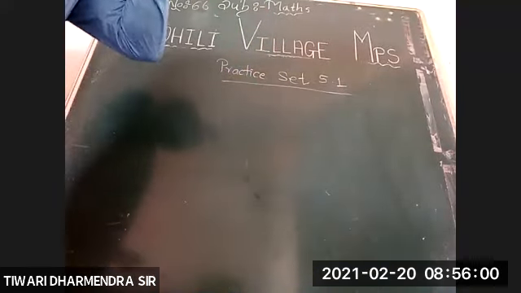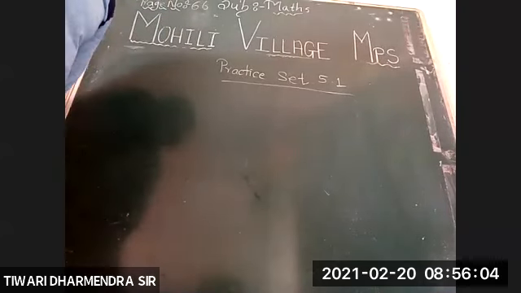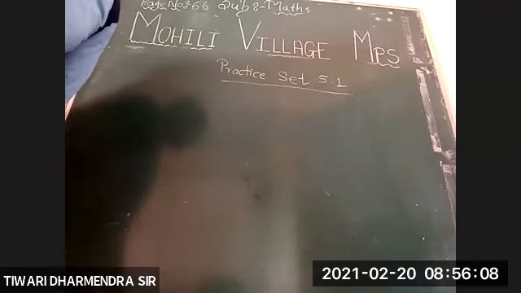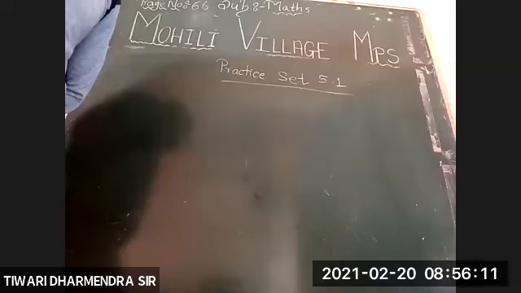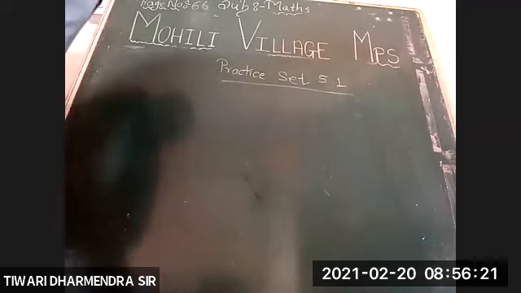Practice set 5.1. So now, what is given? By using variables, I hope everyone has the textbook in front of them. If you don't have it, please keep it so that you can go through. By using variables x and y, form any 5 linear equations in 2 variables. Very simple.